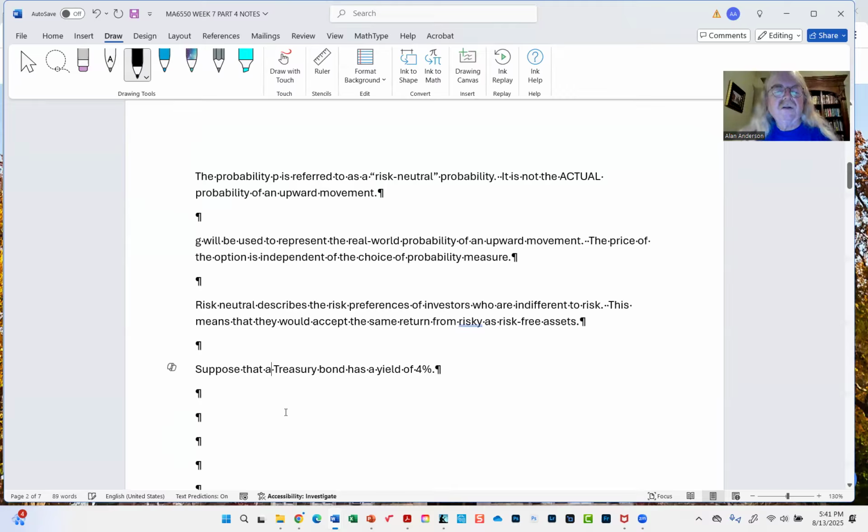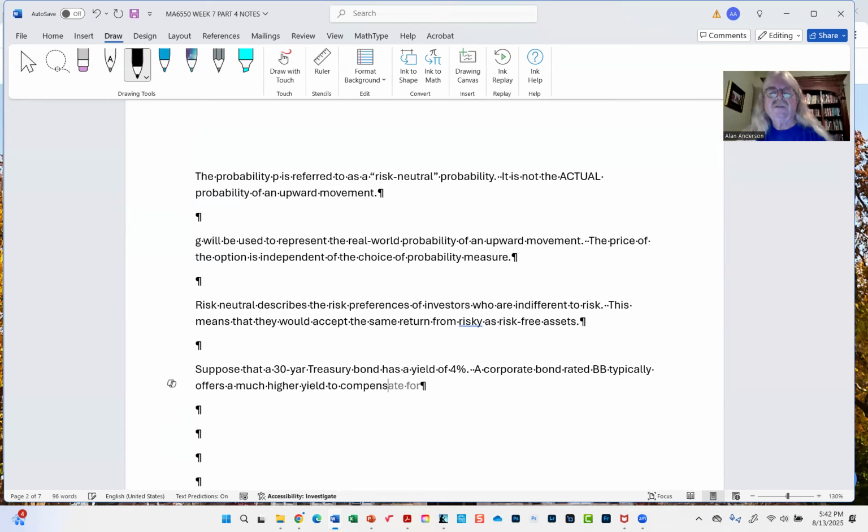A corporate bond rated, let's say, double B, which is very bad, by the way, in reality typically offers a much higher coupon or a higher yield to compensate investors for their risk. Suppose that in this case, the yield of the double B bond is, let's say, 10%.